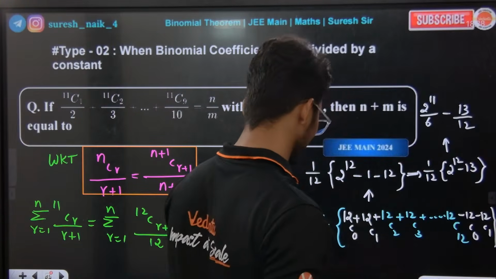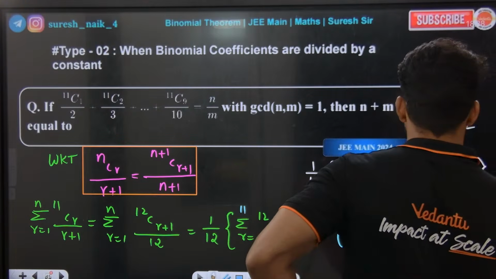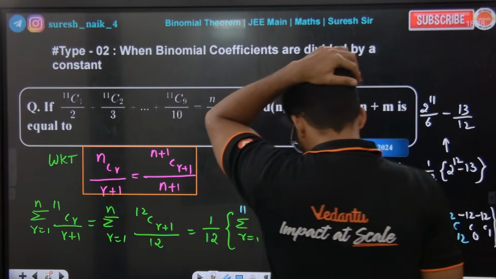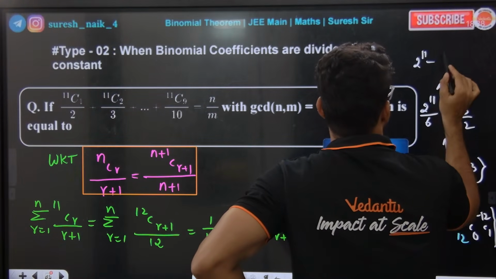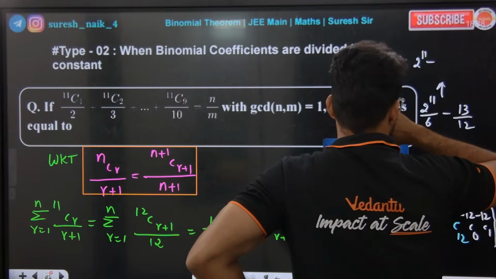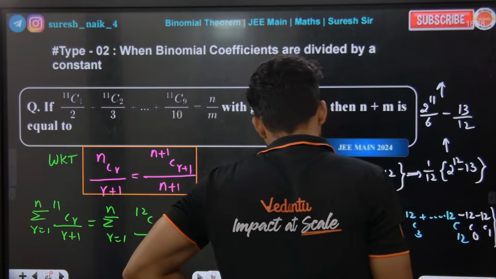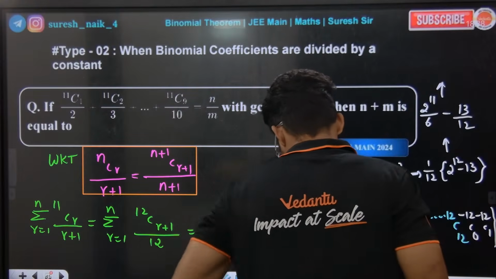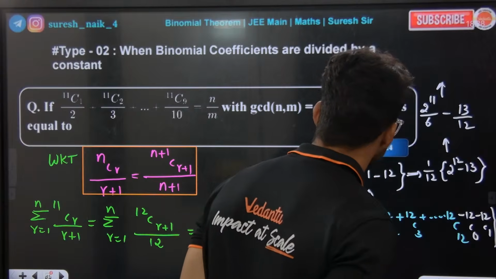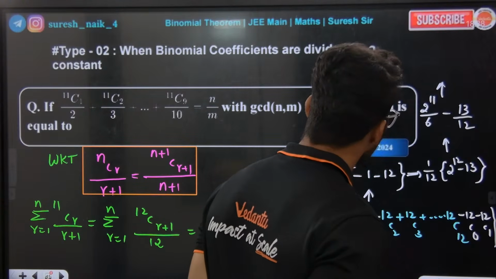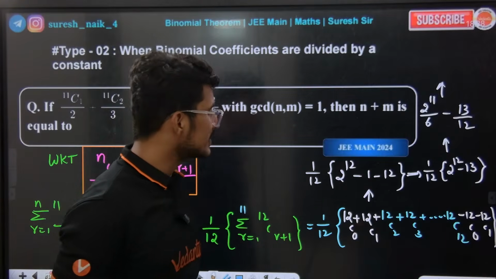Okay, so 2 power of 11 by 2 power of 11 minus 6, right? So 13 by 6, correct or not? 13 by 6, will take LCM here. If I take LCM, what am I going to get? Check the calculation. 2 power of 12 minus 13 by 12.